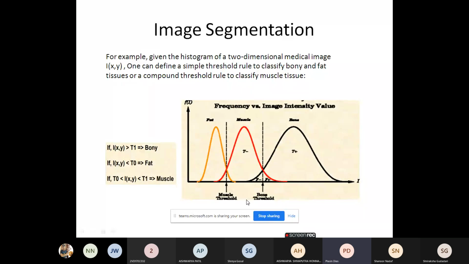So here we can see what the t1 and t2 assumptions are. The muscle threshold we have decided, and the bone threshold. Based on that, we have the implementation of multiple thresholding here. The graph is related to frequency versus image intensity value.